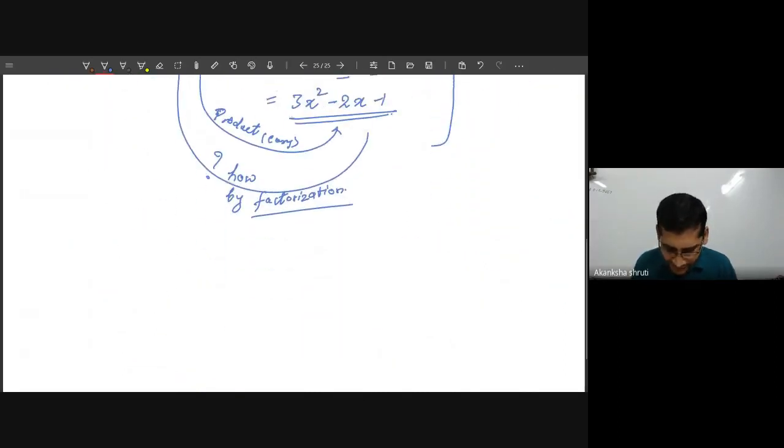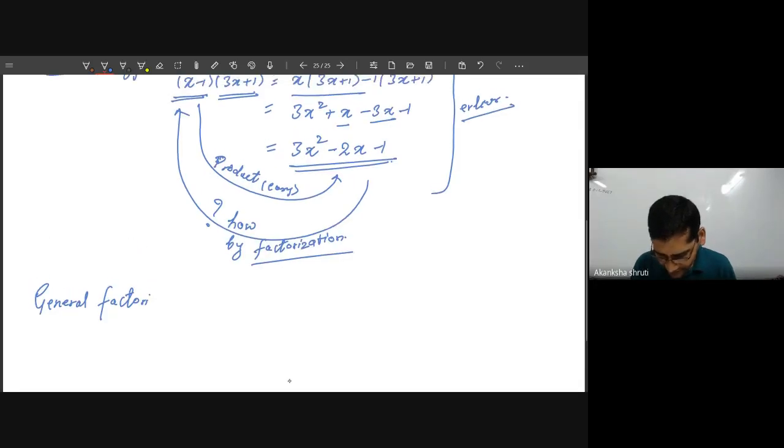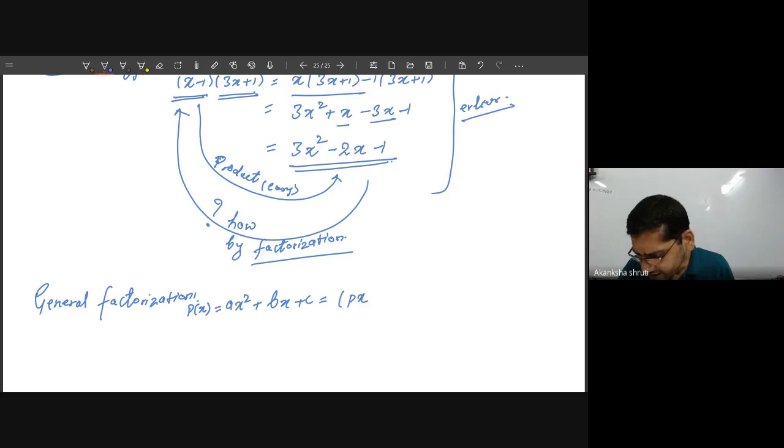Okay, student? The most general factorization, that's why I have written that general factorization. If there is a quadratic polynomial ax square plus bx plus c, sometimes this is also denoted as p(x), and this itself can be equated to (px plus q), which will be one factor, and the other factor as (rx plus s).